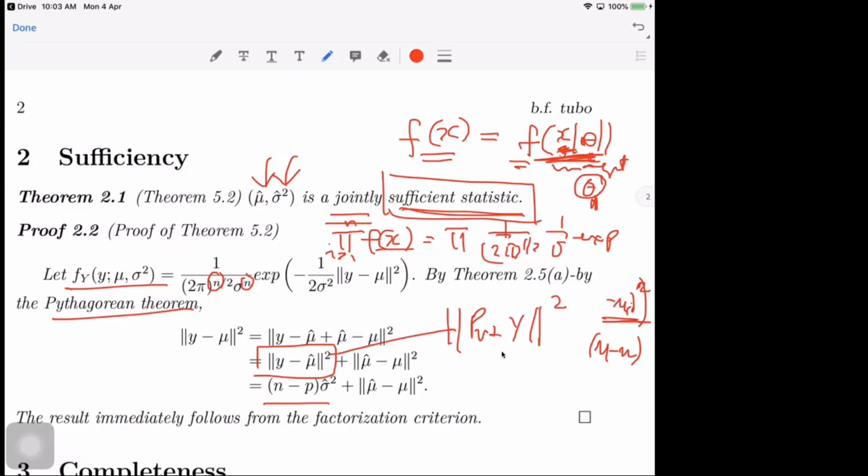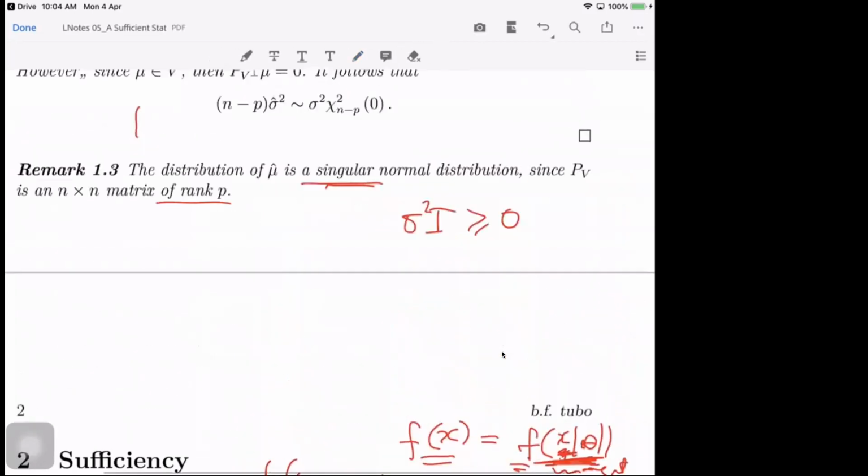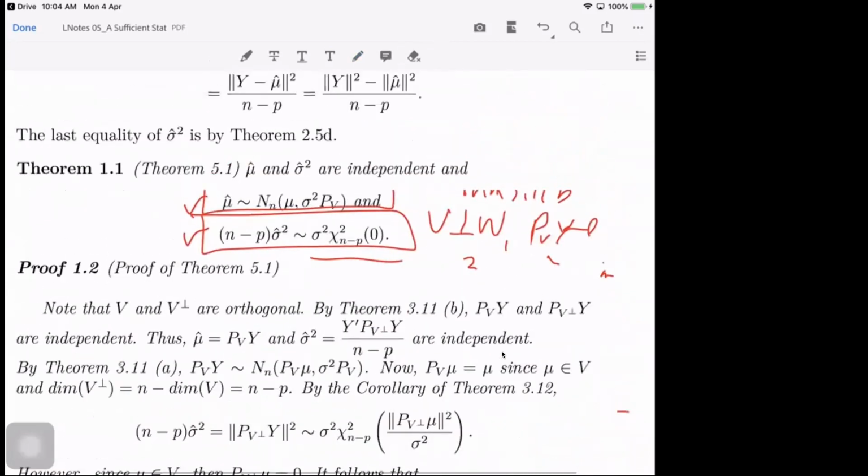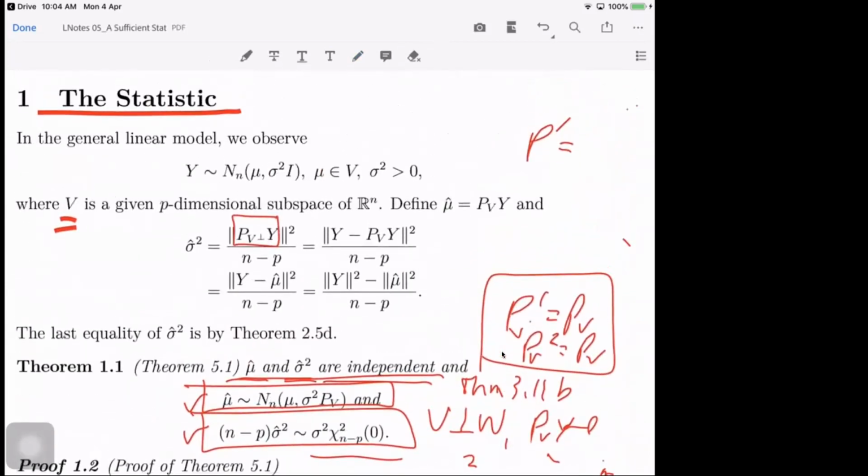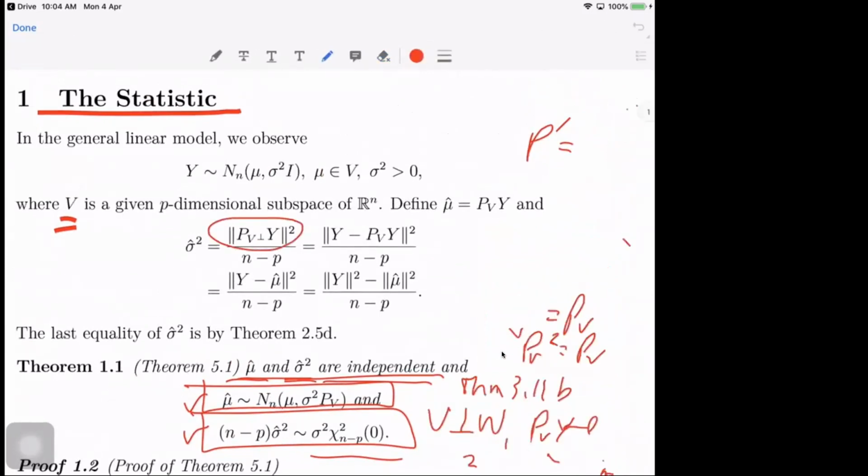Because mu hat here is actually the projection of y onto v. So actually, by definition of sigma hat here, that is equal to n minus p sigma hat square.